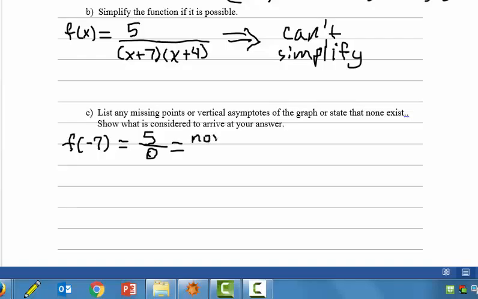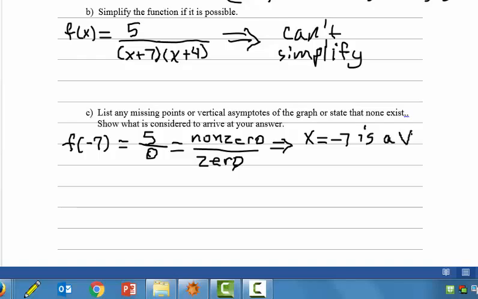So this is a non-zero value over 0. So x equals negative 7, whenever I get a non-zero over 0, the result is that x equal to the value I was putting in is a vertical asymptote.